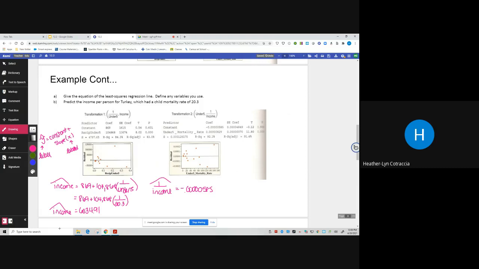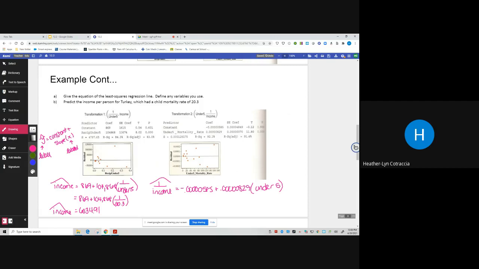And then that will be plus your slope, which is 0.00000829, with the same 5 zeros, and this time it's just times the mortality rate, which is the under 5. And you can look up here to see we just transformed the 1 over income.